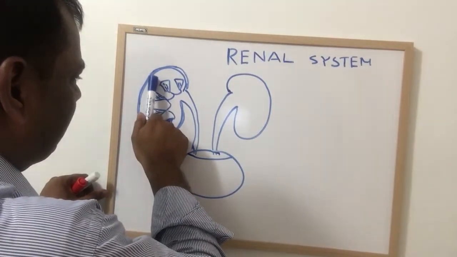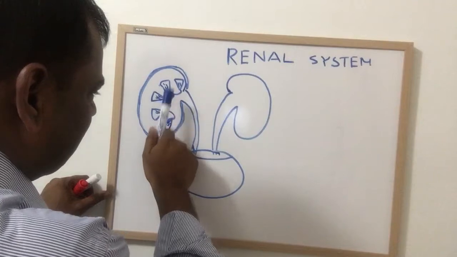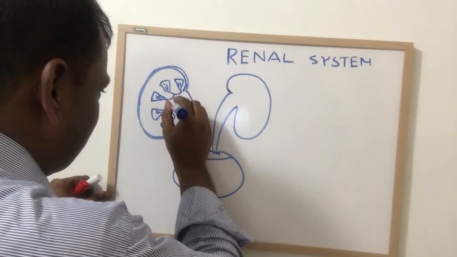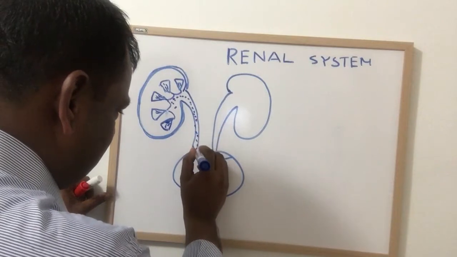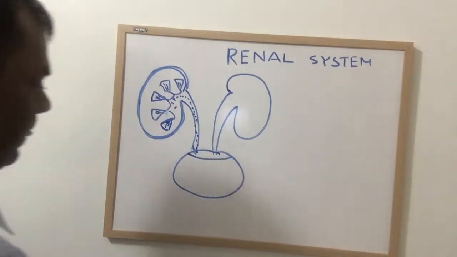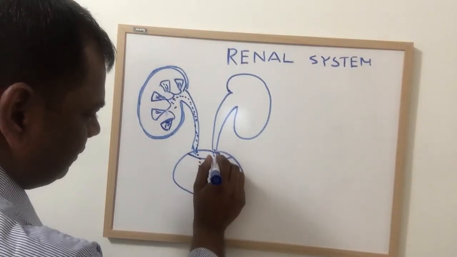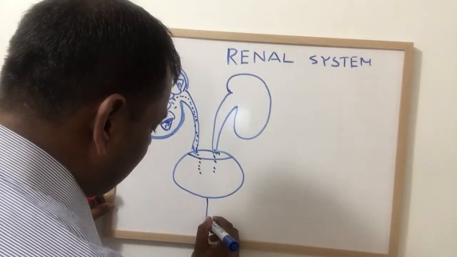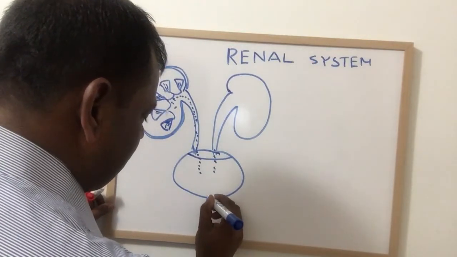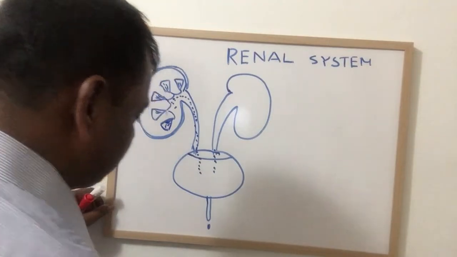So urine is produced here, drains right here, comes here, and from there goes straight to the ureter, and it comes into the bladder. This is the urethra. This is drops of urine.